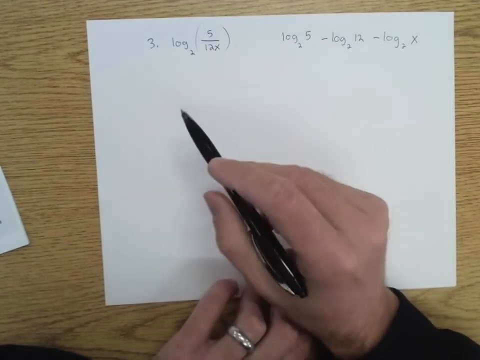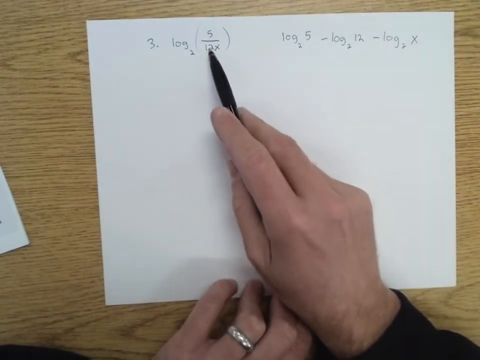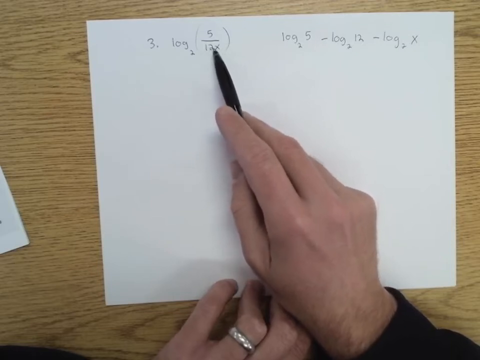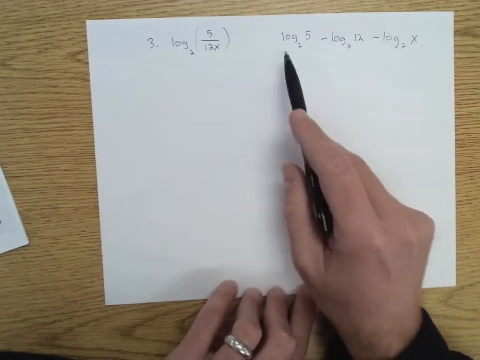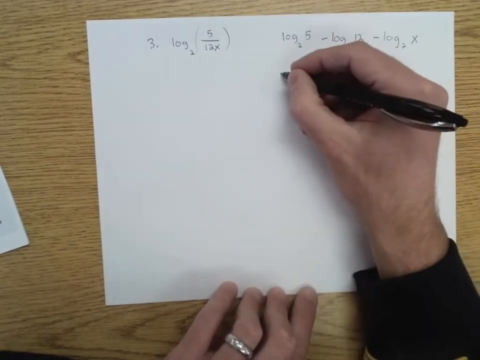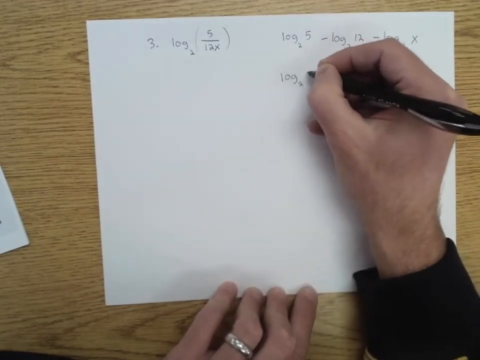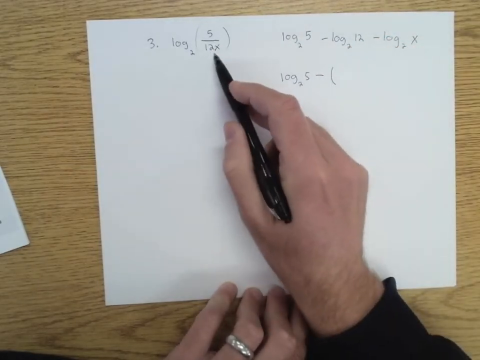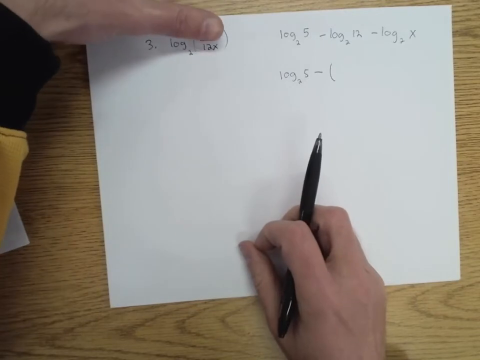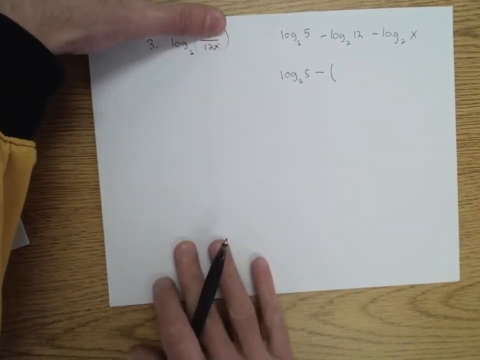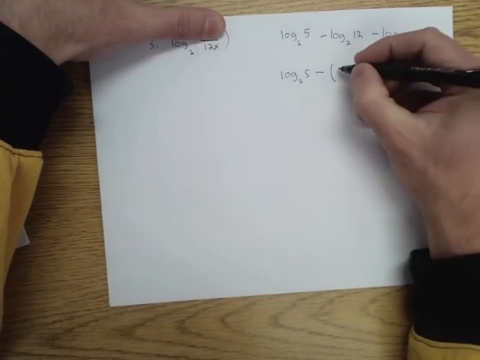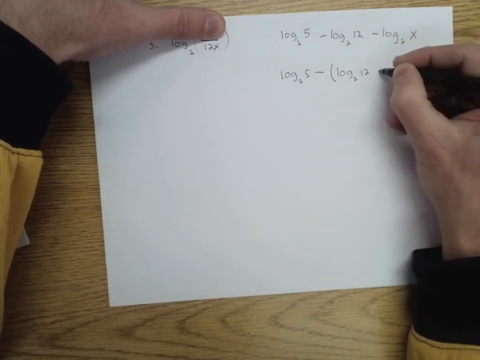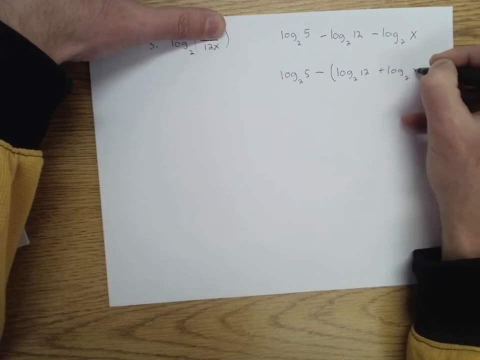Now, in a problem like this, sometimes people get confused because they say, well, the denominator is really 12 times x, so why is it not plus? Well, here's another way that you could do this problem, and hopefully that answers your question. We could also do it as log base 2 of 5 minus, and then in parentheses, just the denominator. If I expand just the 12x, I'd have log base 2 of 12 plus log base 2 of x.